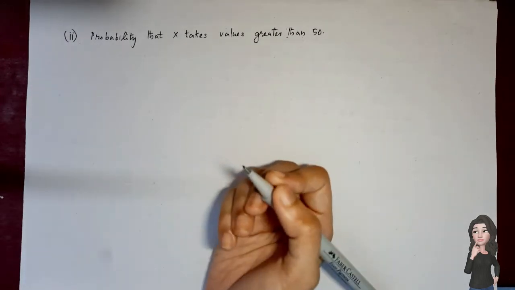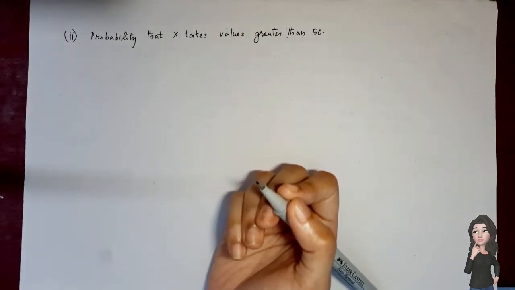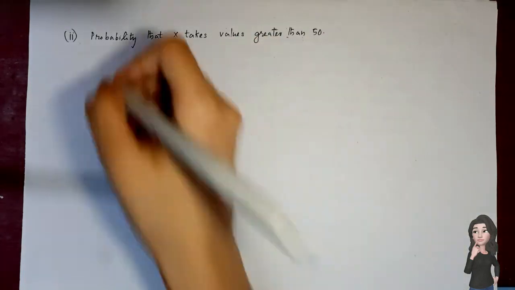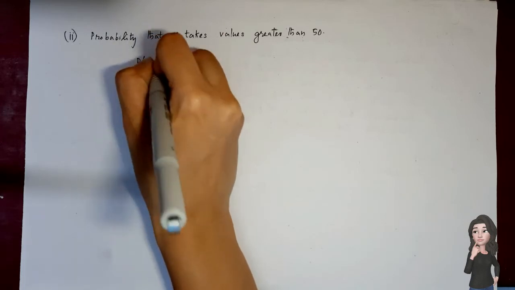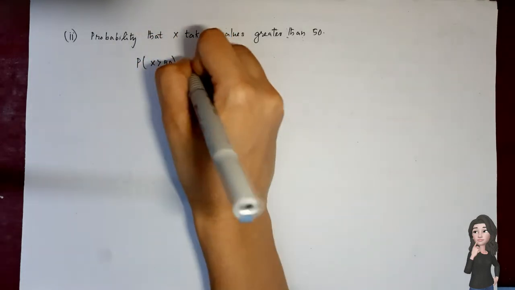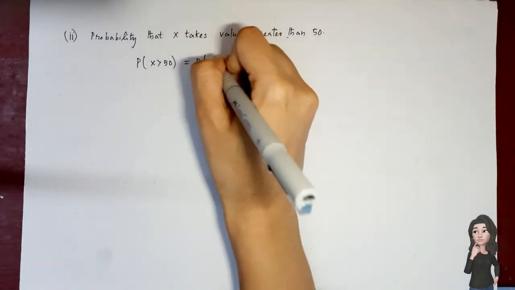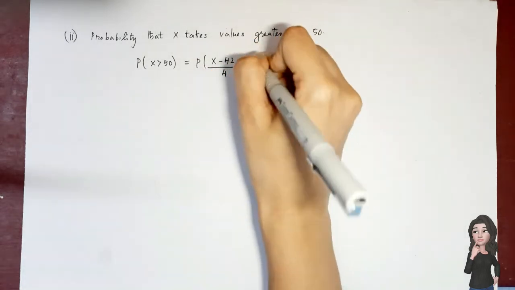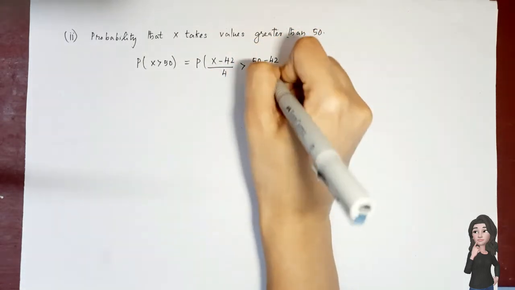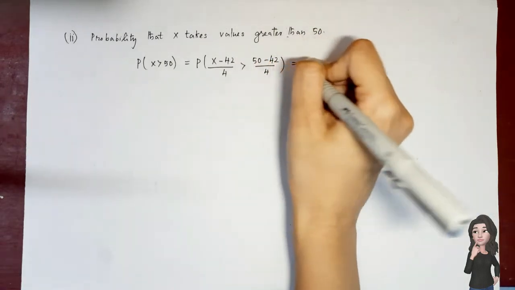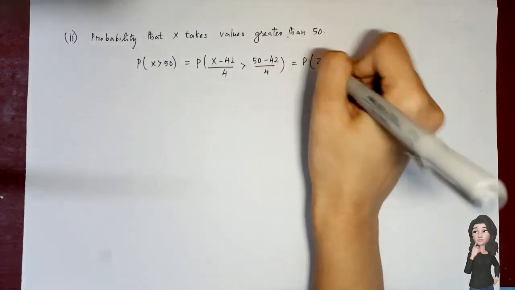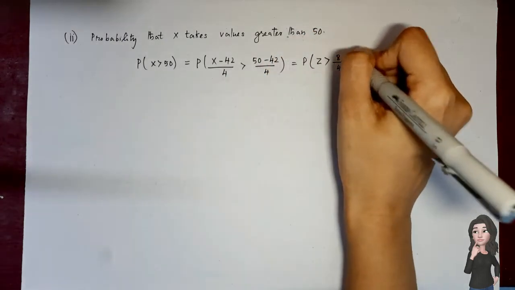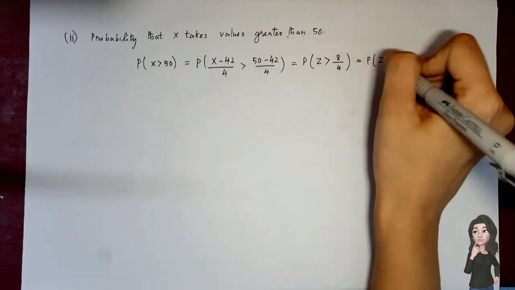Now the second question is the probability that x takes values greater than 50. That is equal to the probability of x greater than 50, which on standardizing we get (x minus 42) divided by 4 greater than (50 minus 42) divided by 4, which is the probability of z greater than 8 by 4, which is the probability of z greater than 2.